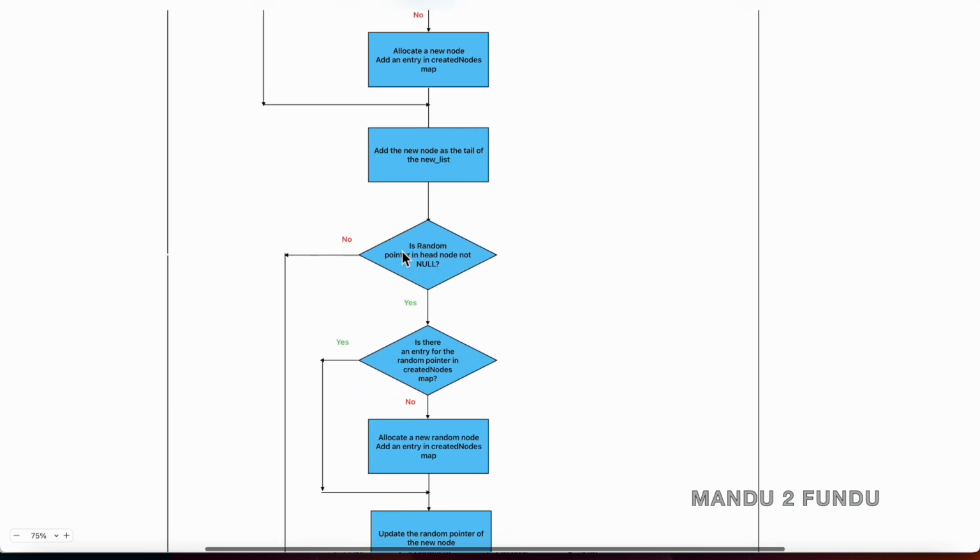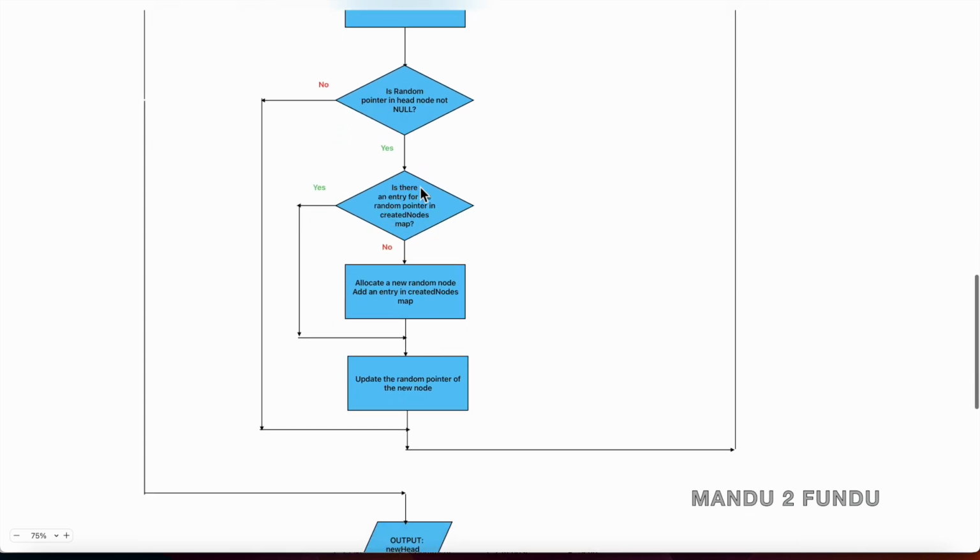Once that is done, we check whether the current node's random pointer is not equal to null. If it is not null, then we check whether there is an entry in the created nodes hash map for this random pointer. If there is an entry, then that node is already copied. Otherwise, we allocate a new random node and add an entry to the created nodes map.